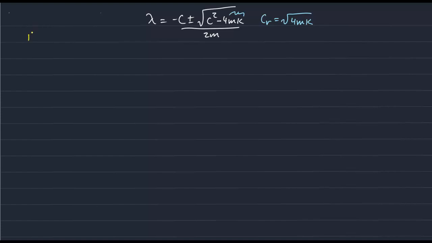So let's look at the first case in which c is less than this critical damping coefficient, the square root of 4mk. We'll refer to that as underdamping.